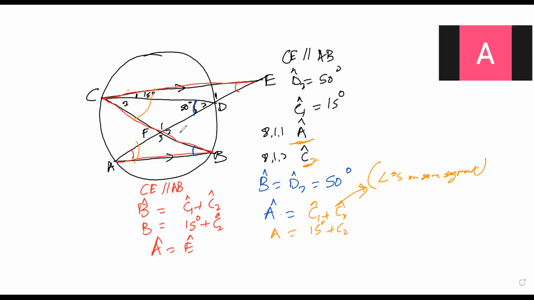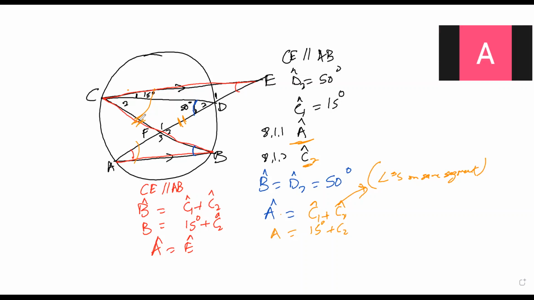Opposite sides have equal angles. Or which opposite sides are equal? It's FC equals FD. CDF. But we don't know if this is equal to that. We don't know if this and this are equal.